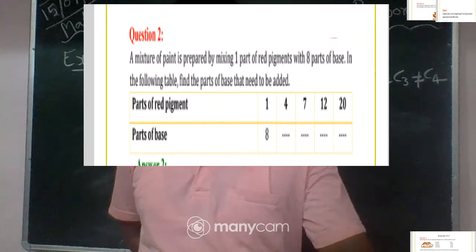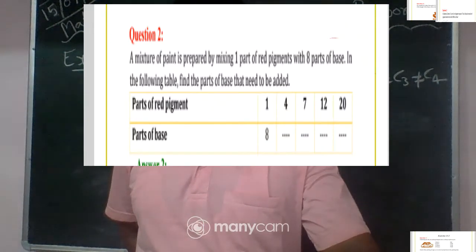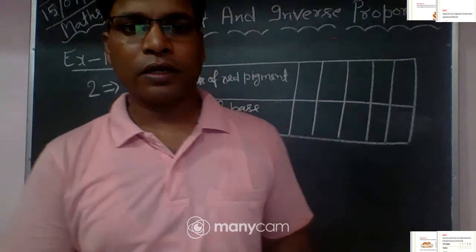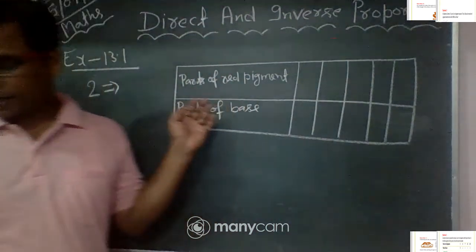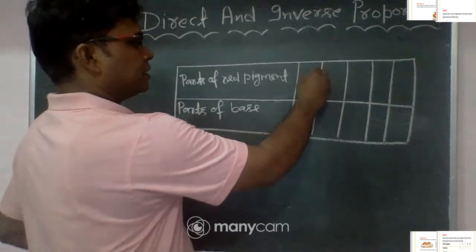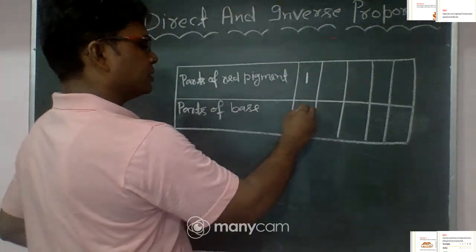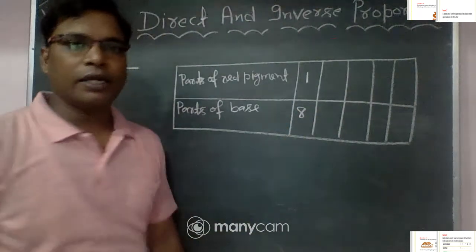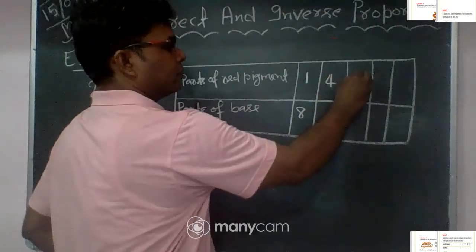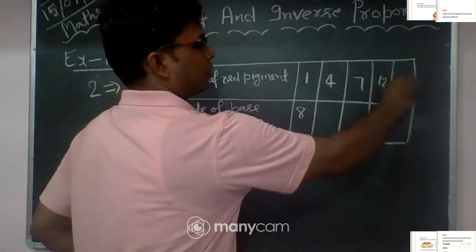So let's see how to solve this question. Here this is a table, and here the given part of red pigment is 1 and the part of base is 8. Okay, and now we will find the part of base, where the given parts of red are 4, 7, 12, and 20.